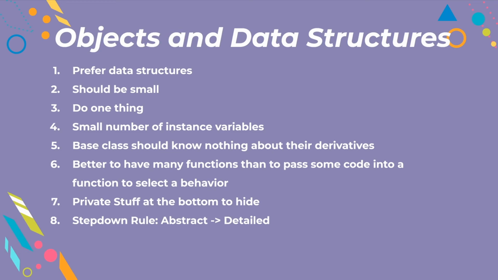Objects should be small and do one thing. That's very related to the single responsibility principle that we mentioned before. Your objects and data structures should serve one purpose and be consistent with whatever context they're introduced in. Small number of instance variables really comes down to the whole object being small.